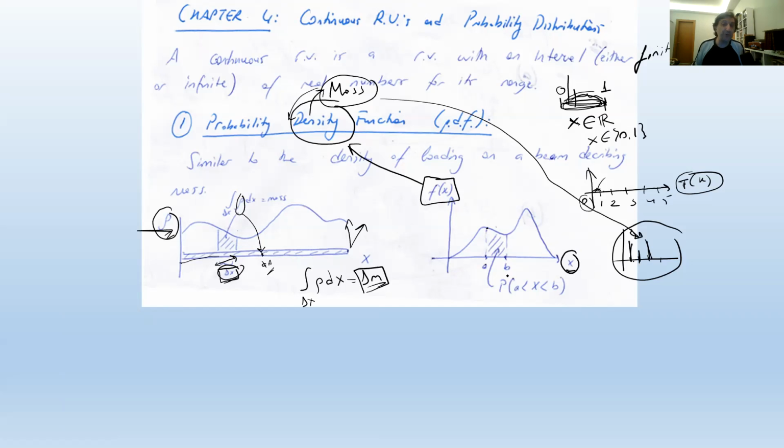But when it comes to finding the probability, it's like finding the mass in this physical system, and since each point will not have a mass, but an interval is going to have a mass, the same rationale is applied here. Of course, this is the domain of the random variable x. There's going to be a non-zero probability between a and b, the probability of x between a and b.